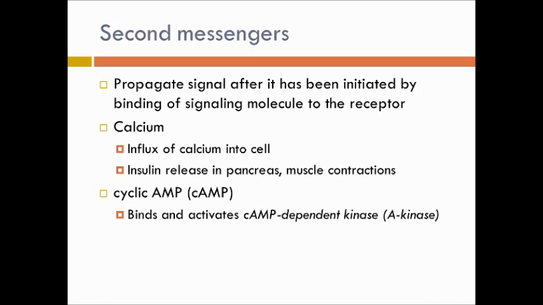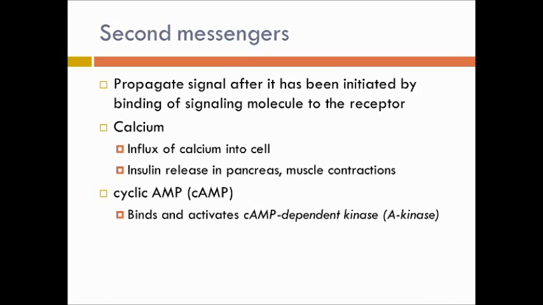Calcium amplifies signals by flowing into a cell, as generally the extracellular fluid has a higher concentration of calcium than the intracellular fluid does. So the influx of this calcium into the cell causes a lot of different amplifications of signals within the human body. Two specific examples are the release of insulin in the pancreas and muscle contractions.